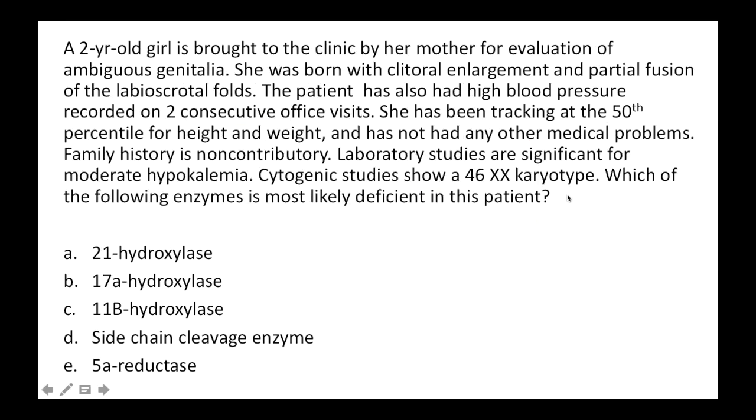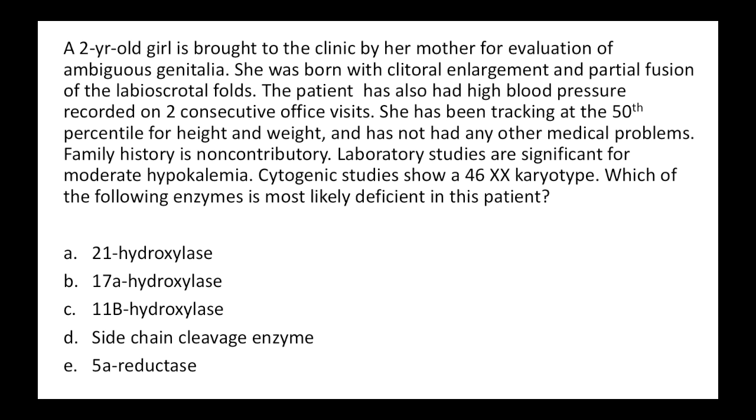Next question. A 2-year-old girl is brought to the clinic by her mother for evaluation of ambiguous genitalia. She was born with clitoral enlargement and partial fusion of the labioscrotal folds. The patient has also had high blood pressure recorded on 2 consecutive office visits.